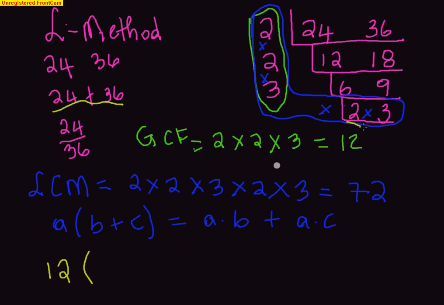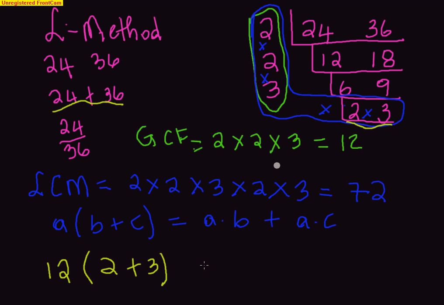The two last numbers here will be your B and C. I know you're saying this is too good to be true. If you don't believe me, go ahead and try it out. Look at this. Amazing, right? That's the distributive property written as a sum of two numbers with the GCF.